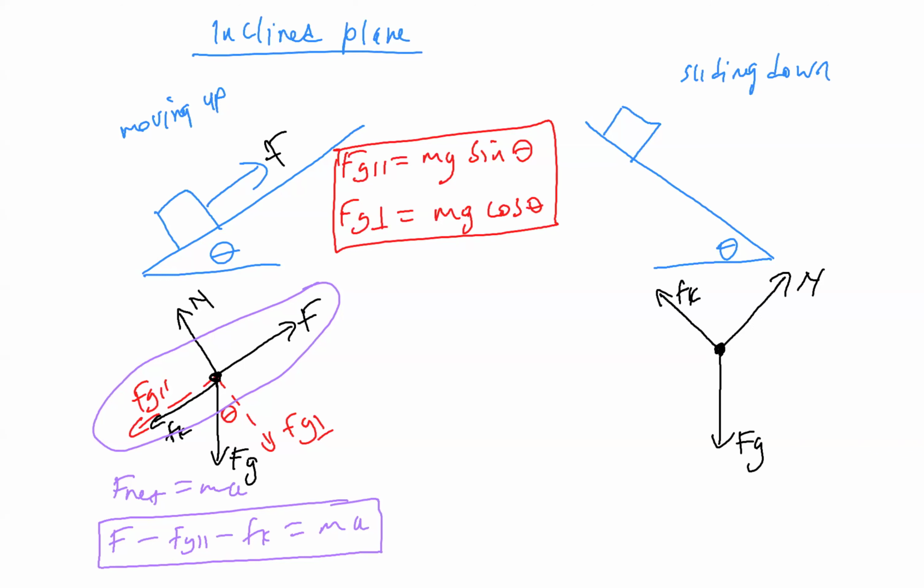Then let us add the components of Fg. We have this component which is always opposite to the normal force, which is Fg perpendicular. We have this one which always points downwards, which is Fg parallel. So our theta is here. Our theta is always between Fg perpendicular and Fg.